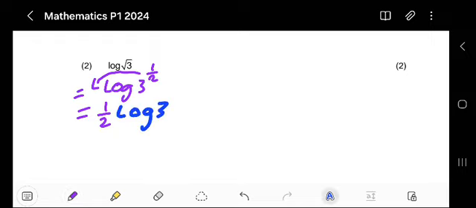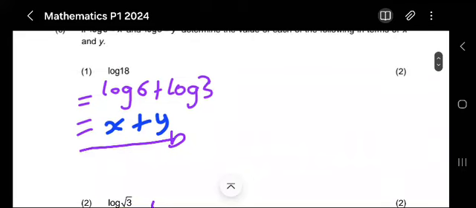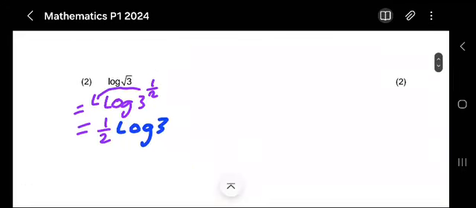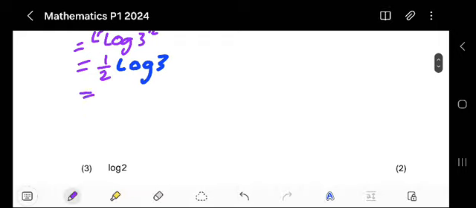We know log 3 is equal to y. So this will simply be equal to 1 over 2 times y. So now we're good here.